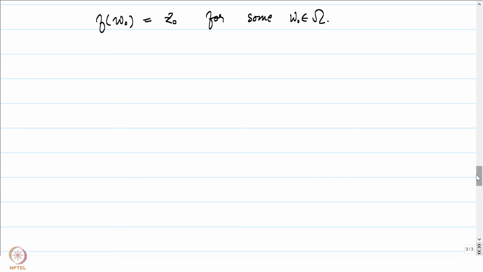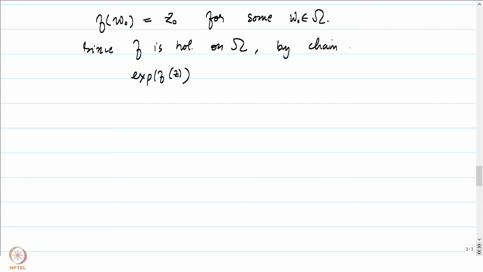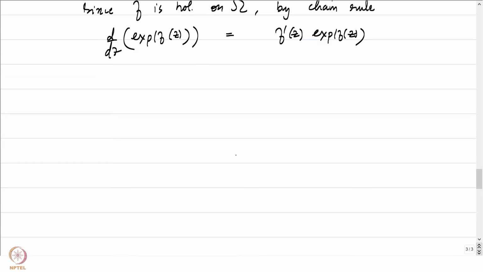Now, if you look at the function exp of f of z, remember that f is holomorphic on omega and exp is an entire function. Again by chain rule, d by dz of exp of f of z is just going to be equal to f prime of z times exp of f of z. Since f is an antiderivative of the function 1 by z, this is just going to be equal to exp of f of z by z.